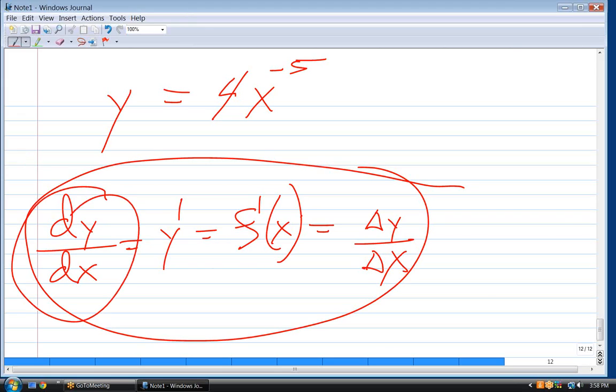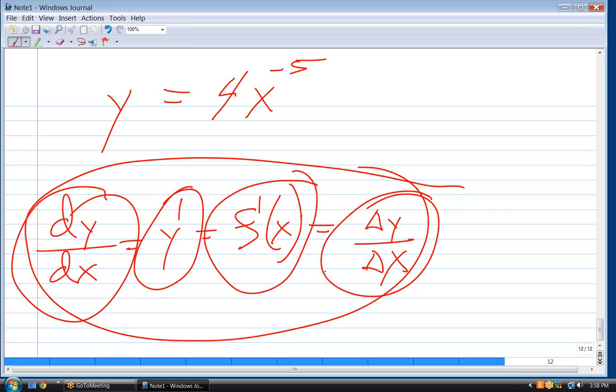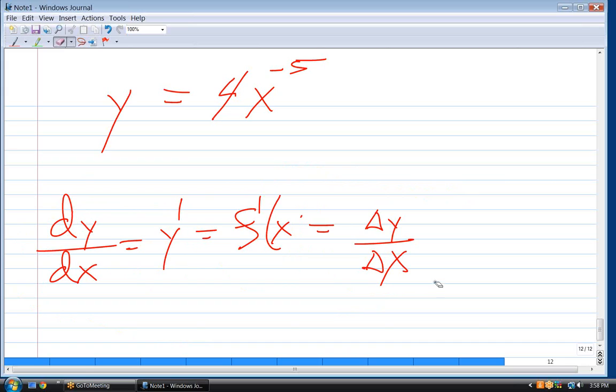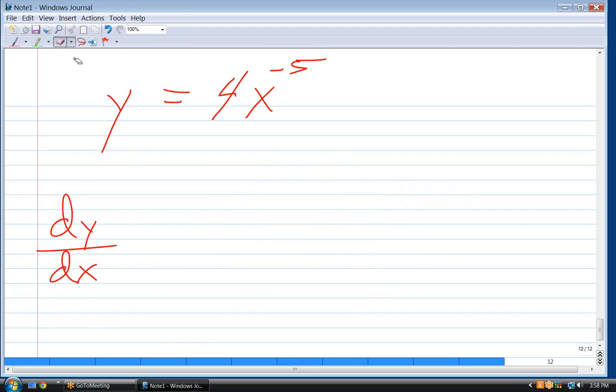This one tells you you're taking the derivative relative to x. This one doesn't really say that. It just says you're taking the derivative. This one tells you you're taking the derivative relative to x. And so does this one over here. So some of the notations make a little more sense than others. Probably the best notation is this one right here, dy dx.